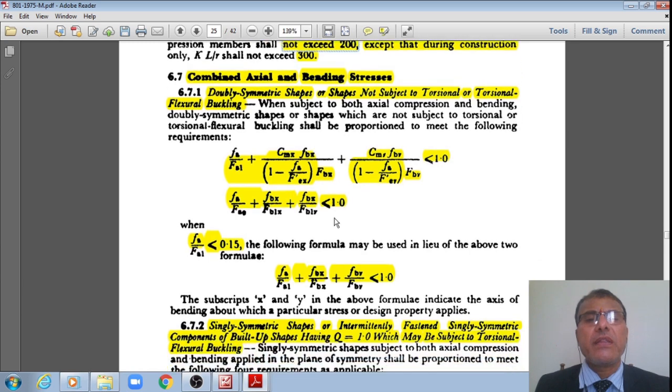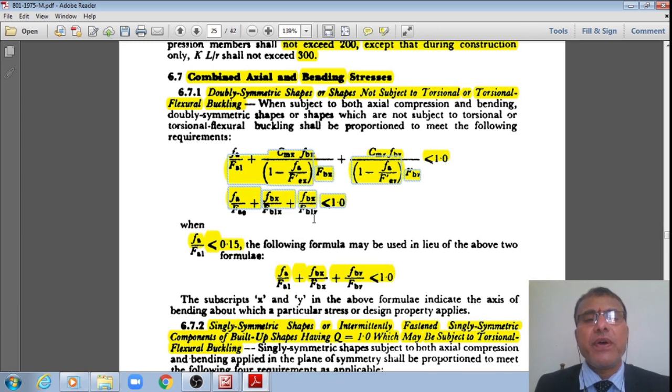Combined unity check, right? That is now given by fa divided by Fac, means in the numerator we would have the actual value, in the denominator we would have the permissible value, right? That of the compression, and that of the bending about x-axis fbx divided by Fb1x, and bending about y-axis, right? fby divided by Fb1y, should be less than or equal to 1, right?